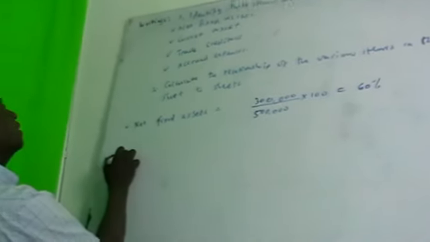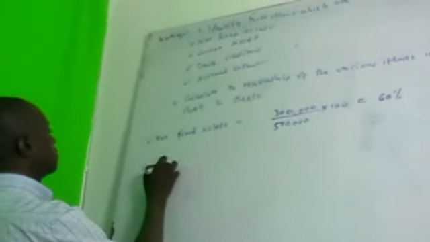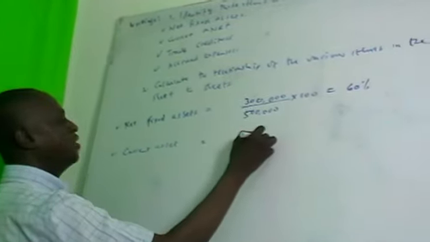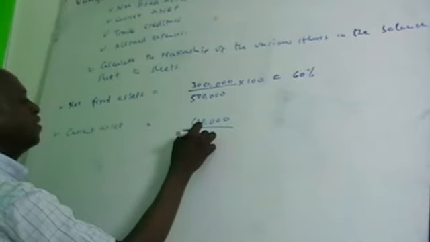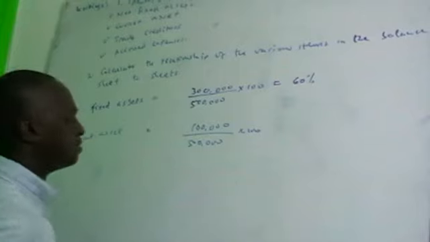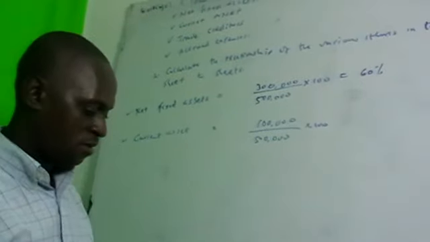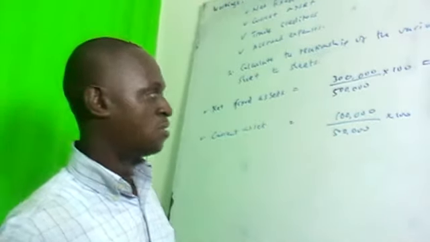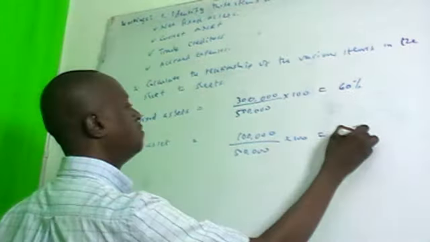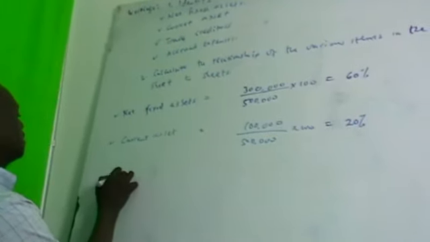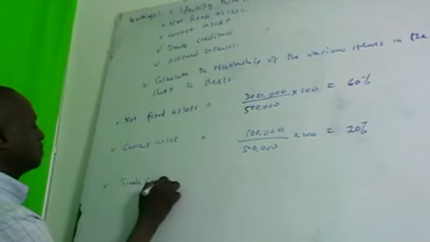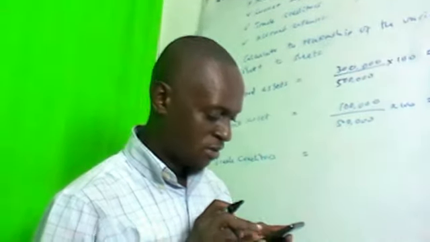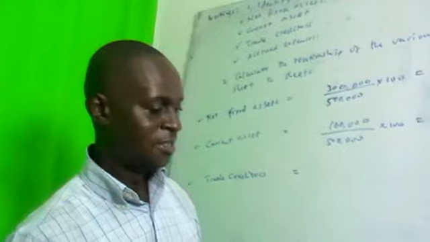Next, we have current assets. Now current assets is 100, so we have 100 over 500 times 100, that is 20%. Next we have trade creditors. Now trade creditors in the balance sheet was 50.